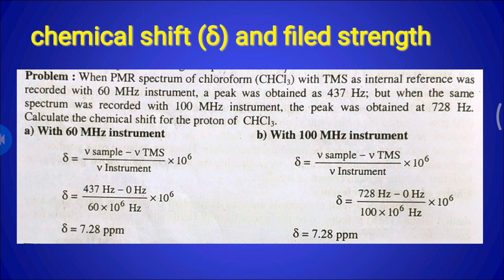But when the spectrum was recorded with the 100 megahertz instrument, the higher magnetic field instrument, the peak was obtained at about 728 hertz. For both instruments, the chemical shift is equal, about 7.28 ppm.